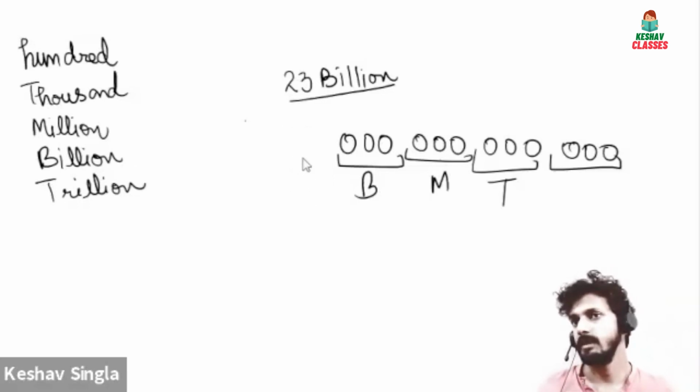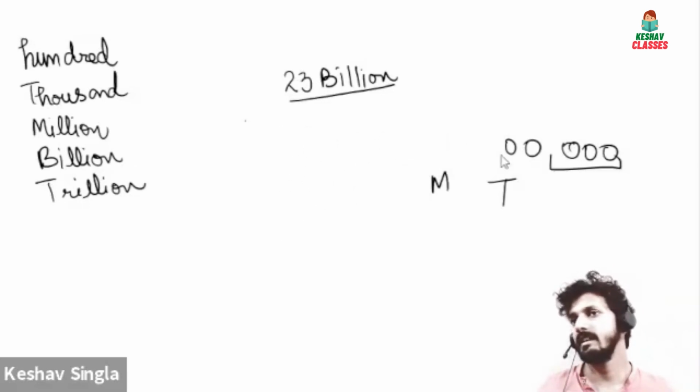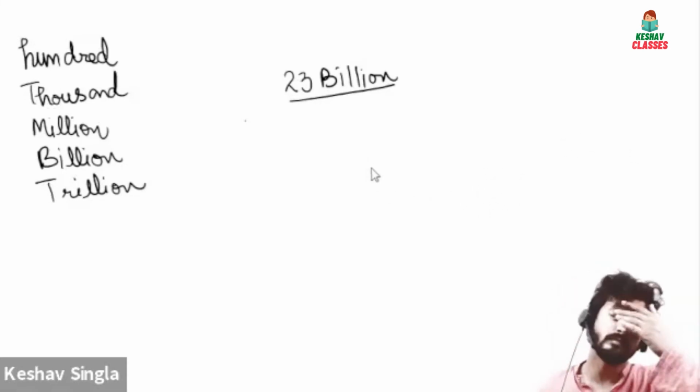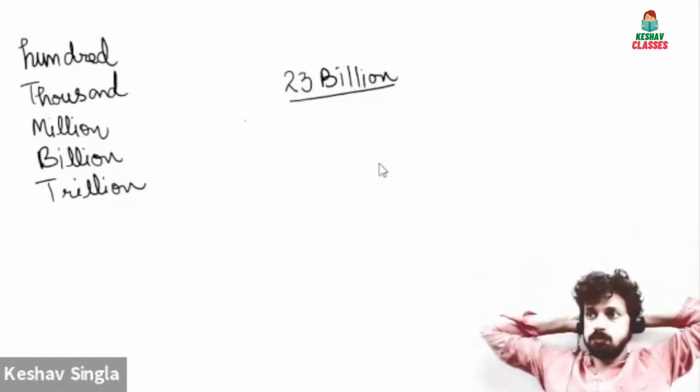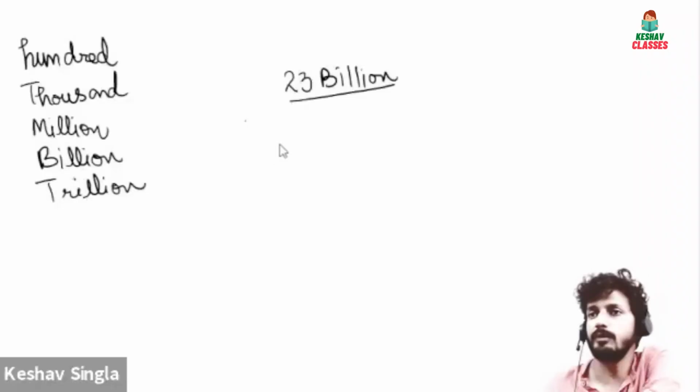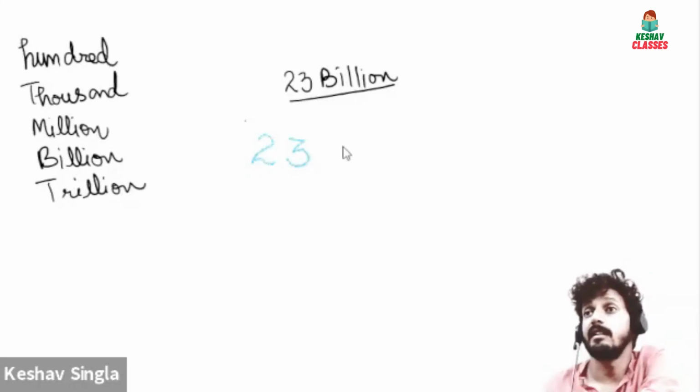Okay. I'll just erase it for you once again. Can you tell me what is 23 billion equal to? Okay. Yeah. 23. Okay. Let me write with a different pencil this time. 23. Okay. 3 zeros. 3 zeros.